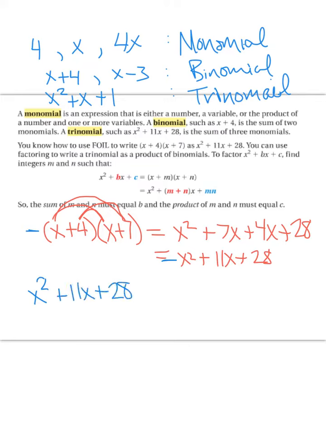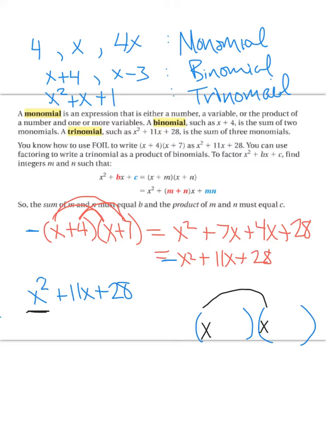to binomials. So we have x squared plus 11x plus 28, and we want it in the form that looks like this. So we need to fill in our gaps here. We need 2 terms in the first spot that when multiplied together give us x squared. Those 2 terms would be x and x, right?